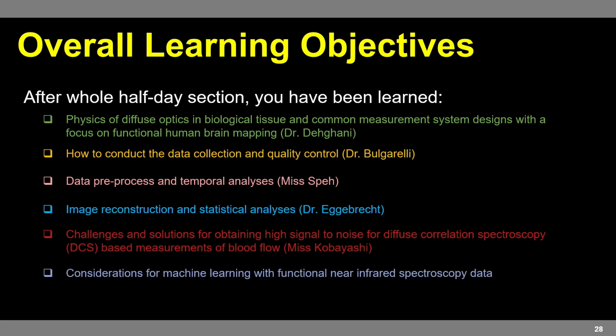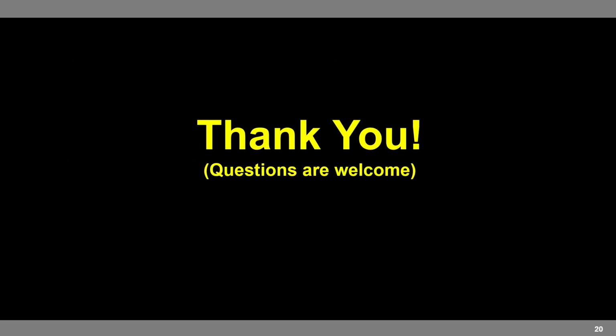And in the last part, we learned how to utilize the signal in clinical or daily life purposes, especially along with machine learning. So that's all for this half-day session. Thank you, everyone, for attending. If you have any questions for the six of us, you are more than welcome. Thank you.